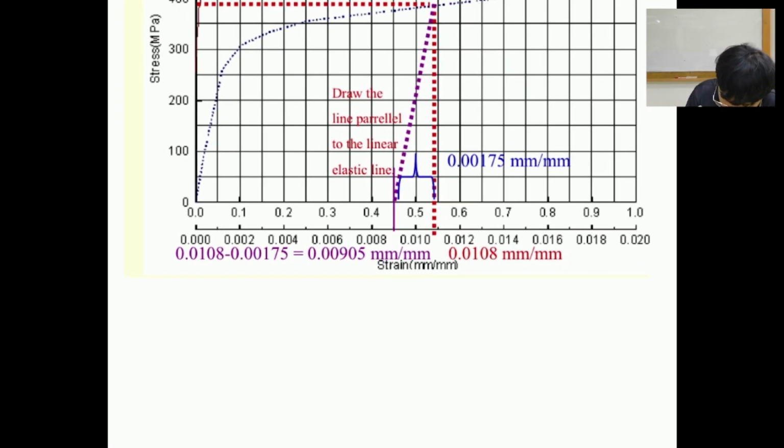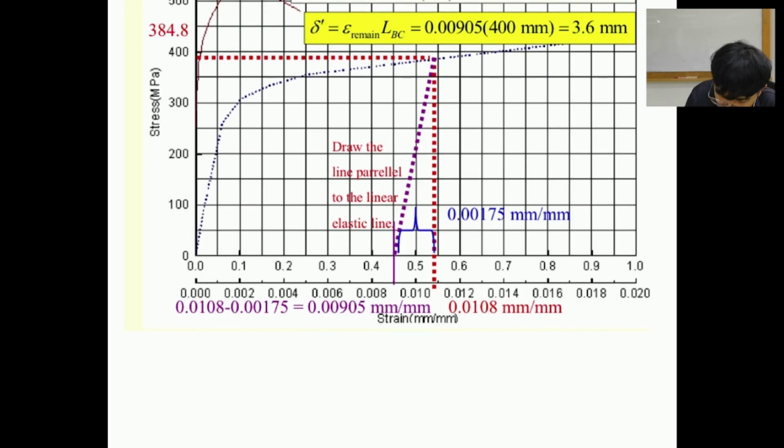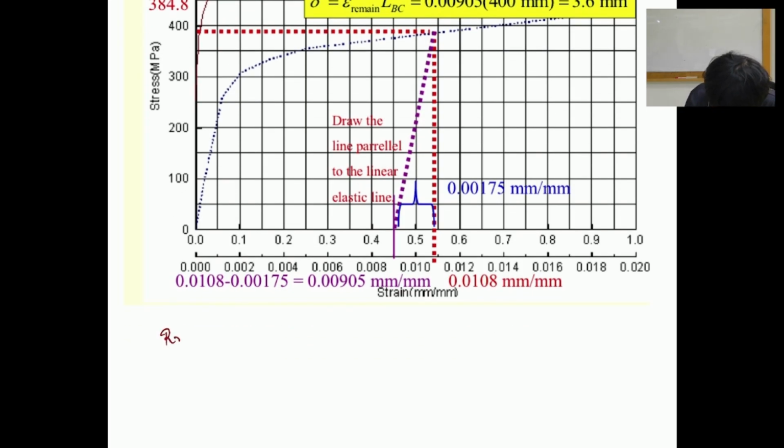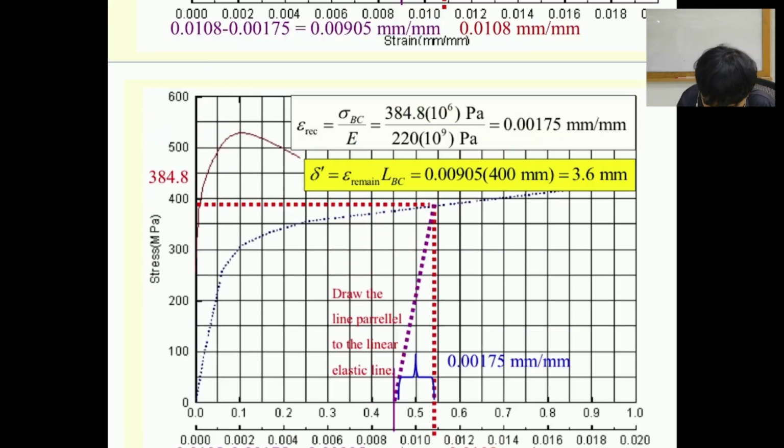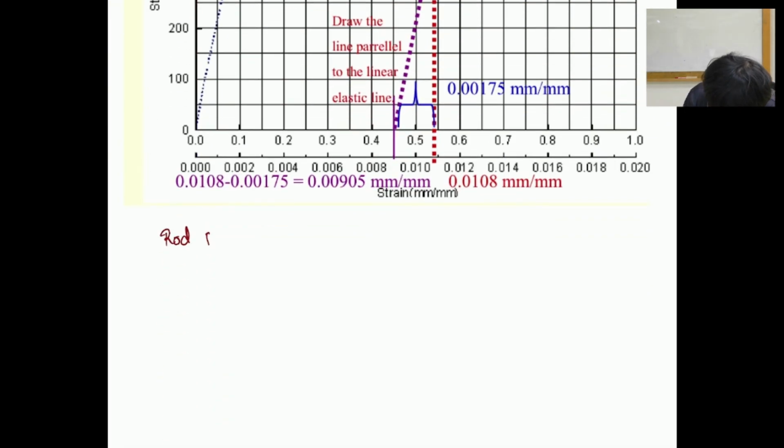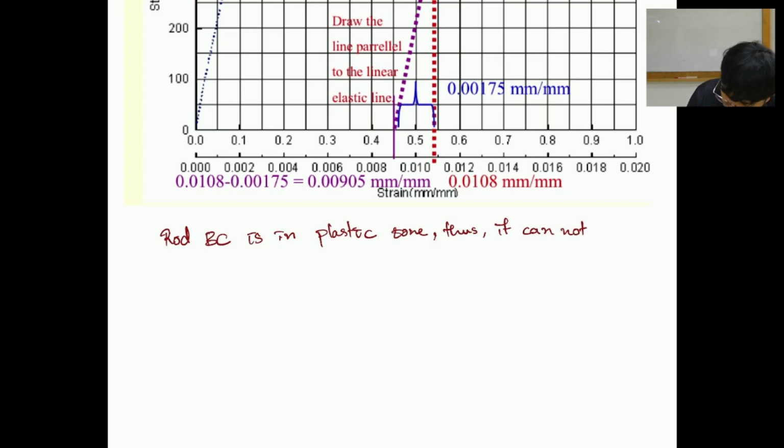So we know that rod BC is in plastic zone, thus it cannot return 100% to its original length.